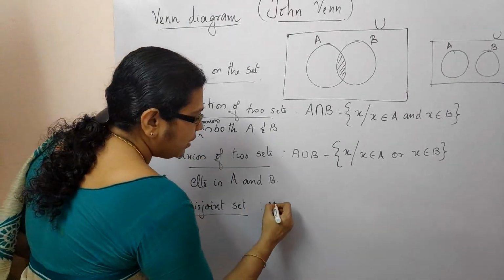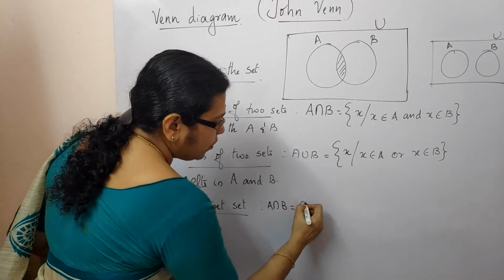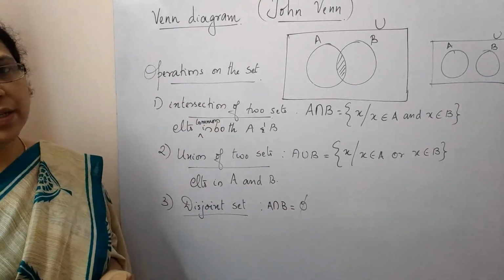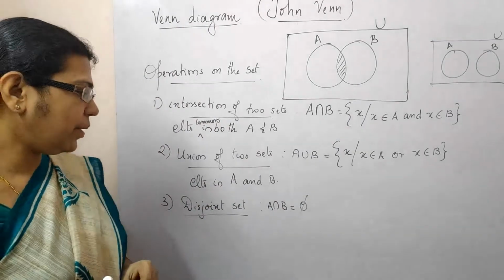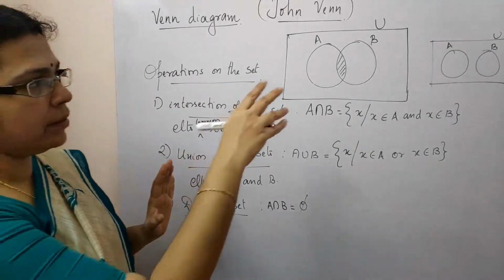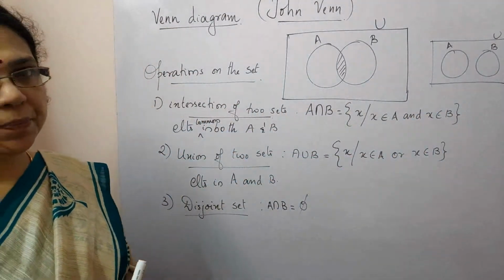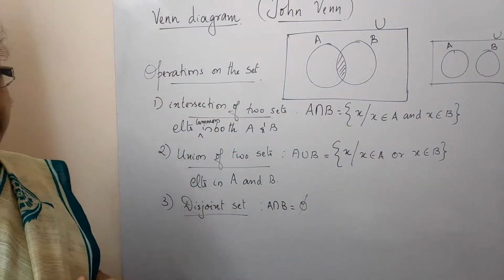So, if the intersection of two sets gives you a null set, then the sets are said to be disjoint sets. Got it? So, that's it.